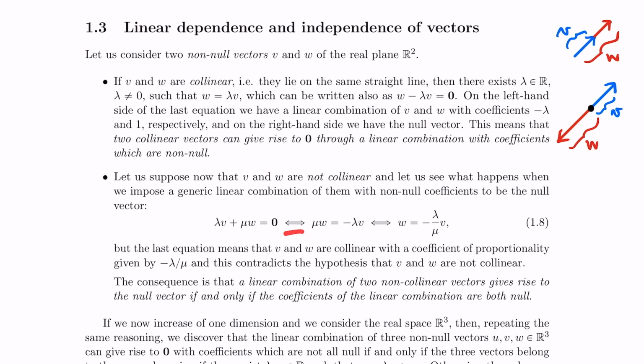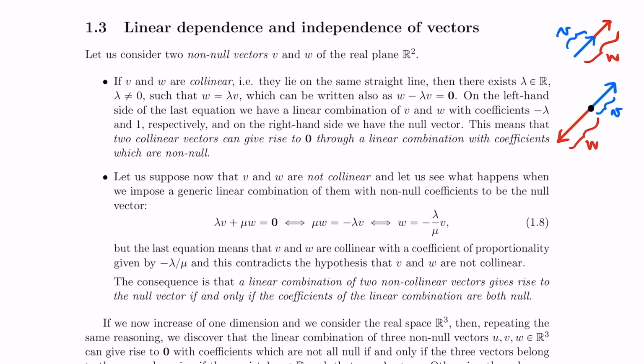As you can see here, this is equivalent to say that mu times w is equal to minus lambda times v. Then, since both mu and lambda are different than 0, we can divide both sides by both of them.